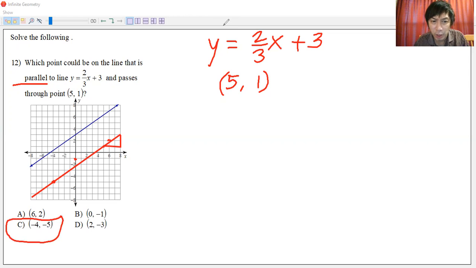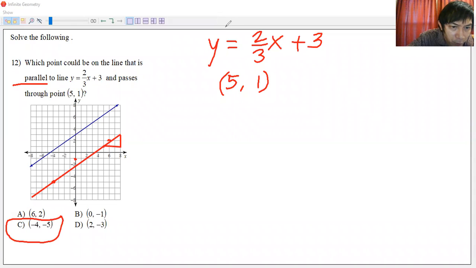How about letter D, 2, -3? That looks like it's in the fourth quadrant down here. That's 2, -3. Let me make that point not so big.